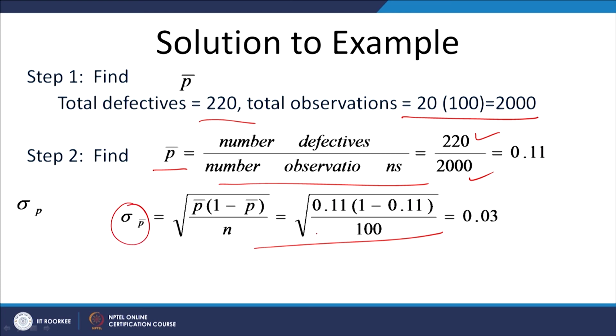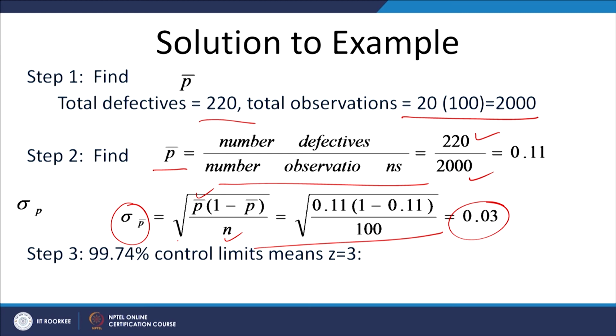So, by simply putting the value of the p bar and n, we will be getting the value of 0.03 for the standard deviation for the fraction of the defective items, and assuming the standard normal deviate 3, we can simply calculate the upper control limit like this.